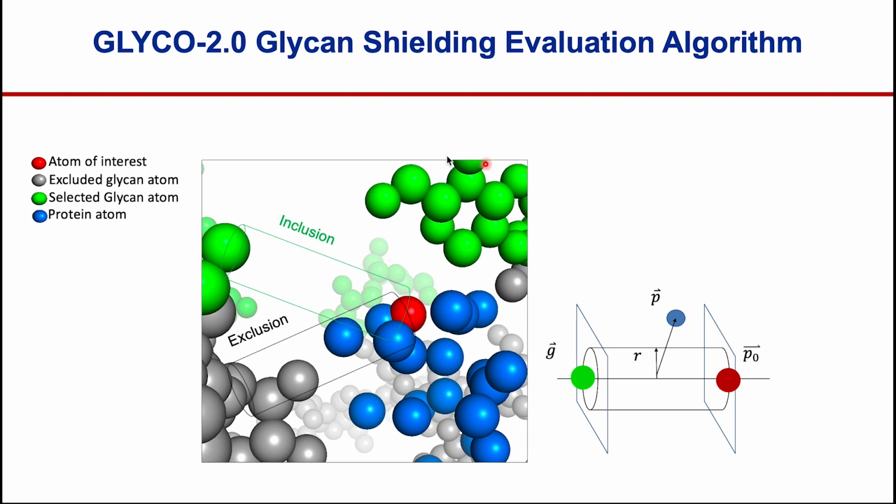So in GLYCO 2.0, what we improved is, first, we developed a web server, and second, we improved the algorithm so that we have efficiency in computation.